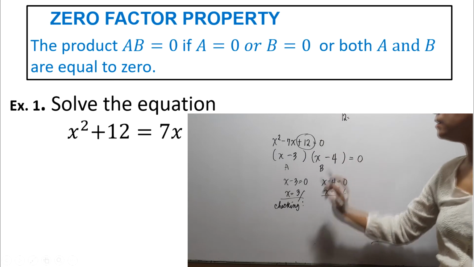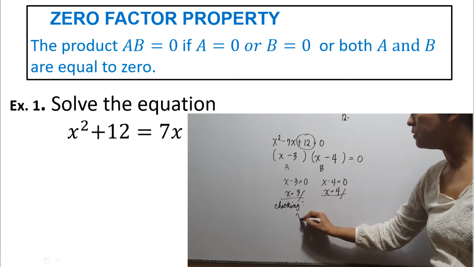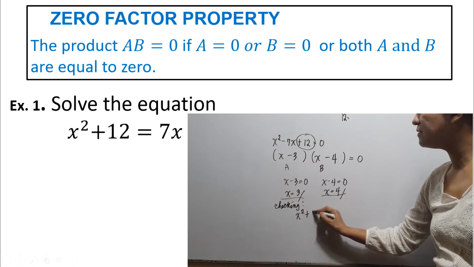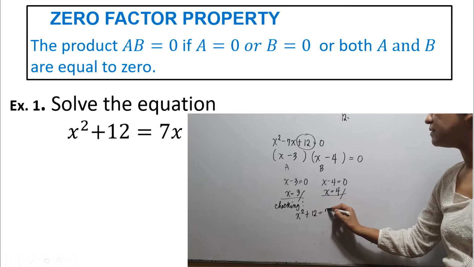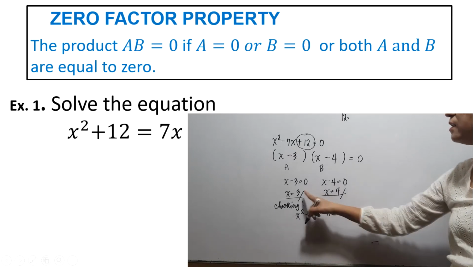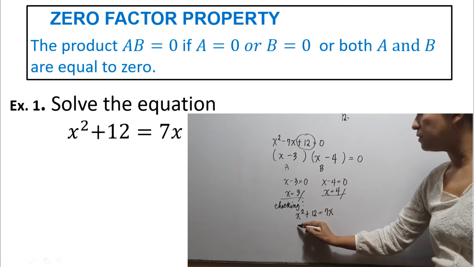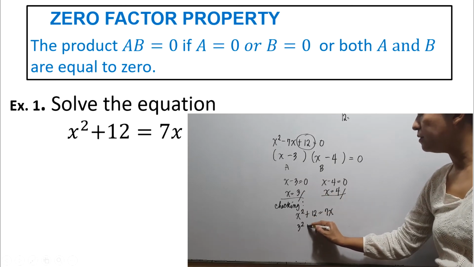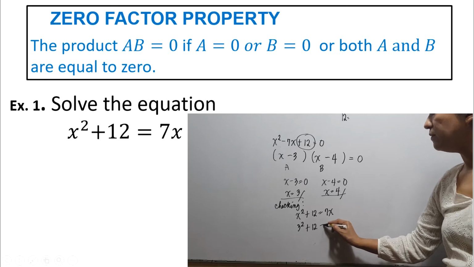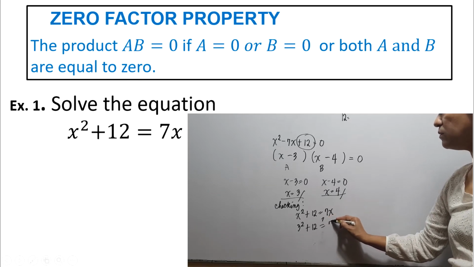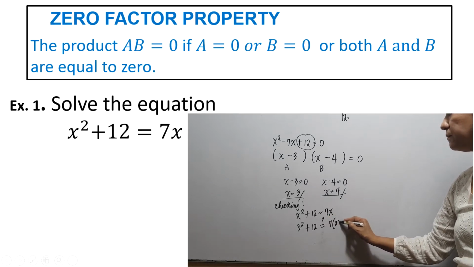So using the original equation, so x squared plus 12 equals 7x. Let's try the first root or the first solution na 3. So 3 squared plus 12, is that equal to 7 times 3?